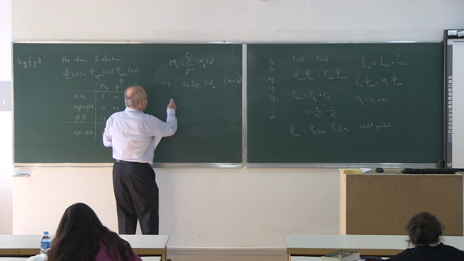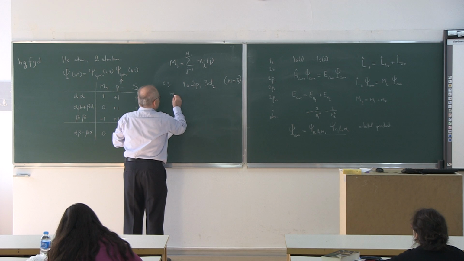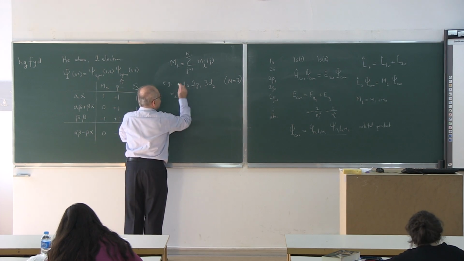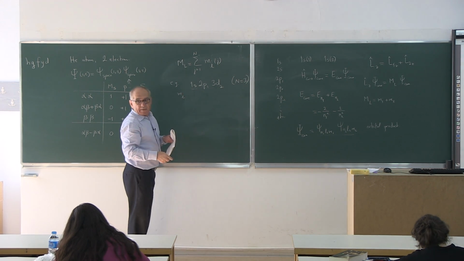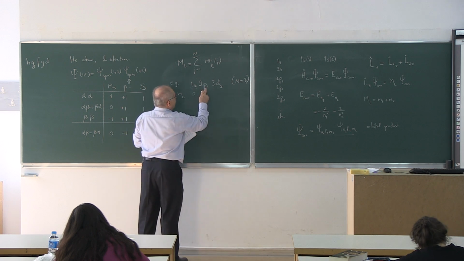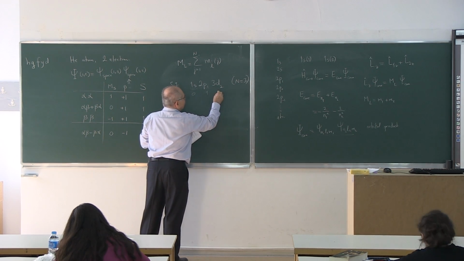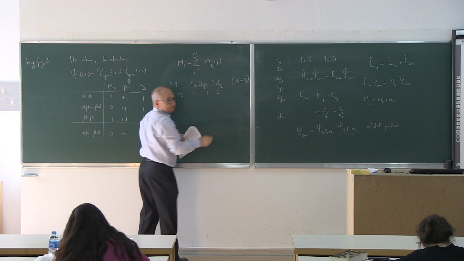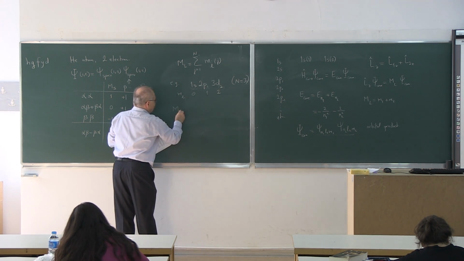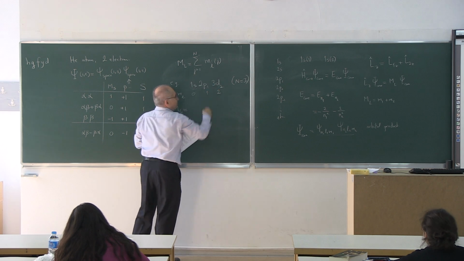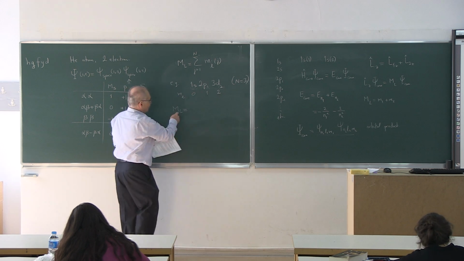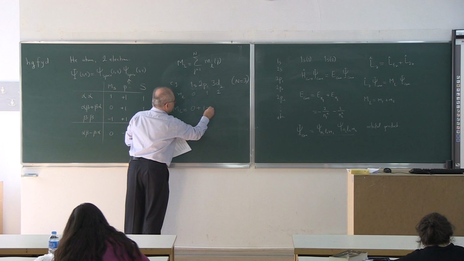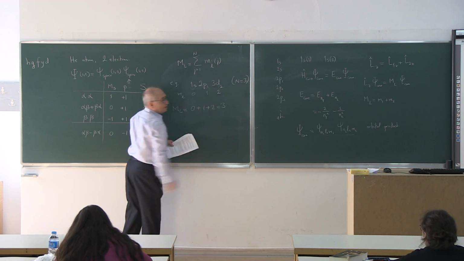The total ML, or let us write small ml values. For the first factor, what is the ml value of the s orbital? 0. For this one, the ml value is 1. And for the third factor, it is 2. Now, the product function is an eigenfunction of Lz, and the ML value is 0 plus 1 plus 2 equals 3.